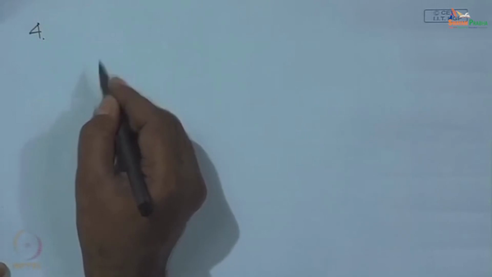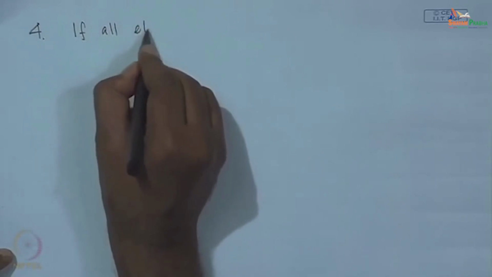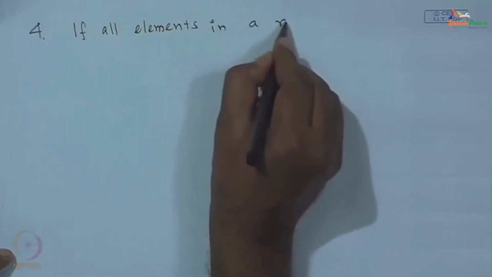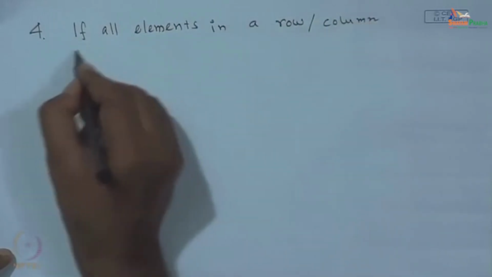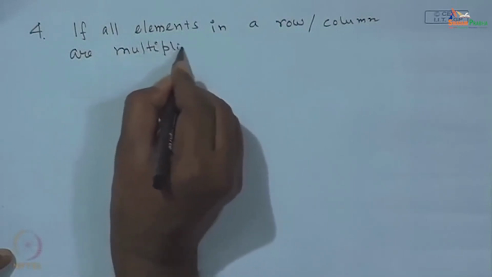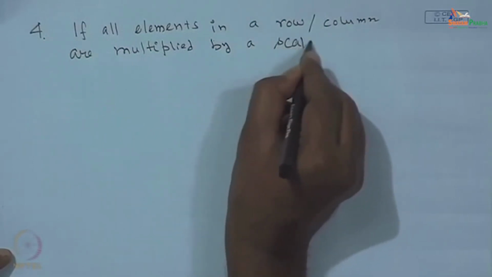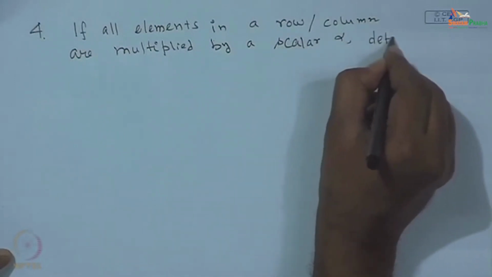Then we will look into some more properties of determinants and matrices. The fourth one is that if all elements in a row or a column are multiplied by a scalar alpha, let us say, the determinant is also multiplied by alpha.